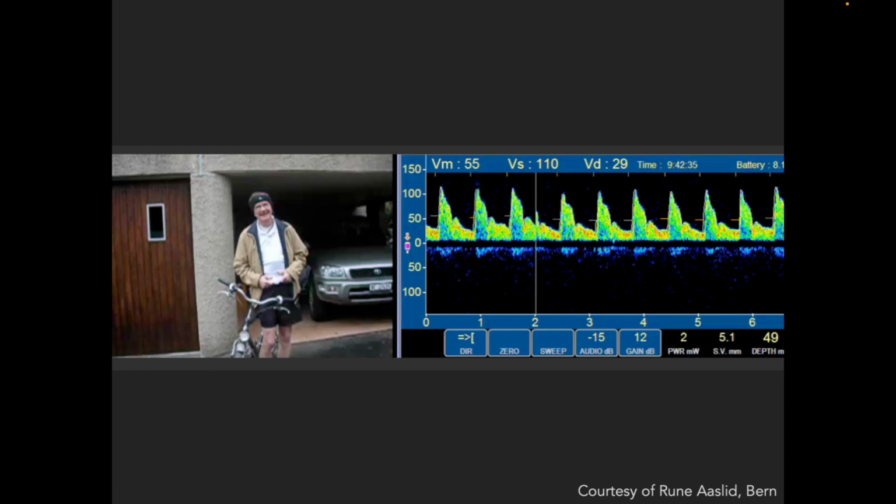Here we can see the inventor of the TCD, Rune Aaslid, on the left side. He is actually wearing the system you just saw under the headband. On the right side, you can see the Doppler signal that is recorded. In the first part of this short movie, he is talking to his wife, and soon thereafter he is playing tennis.